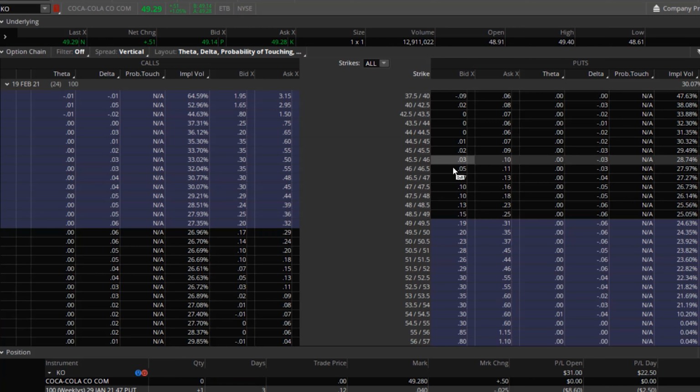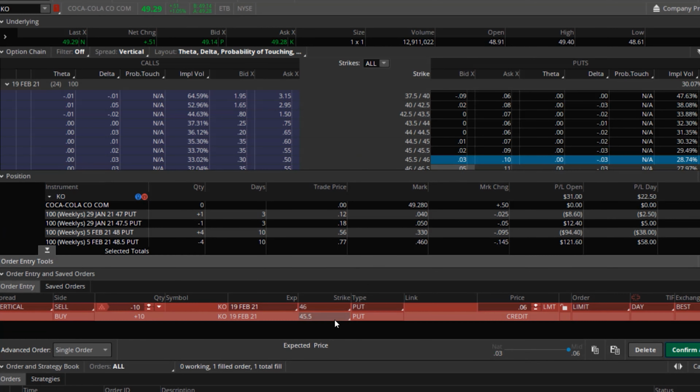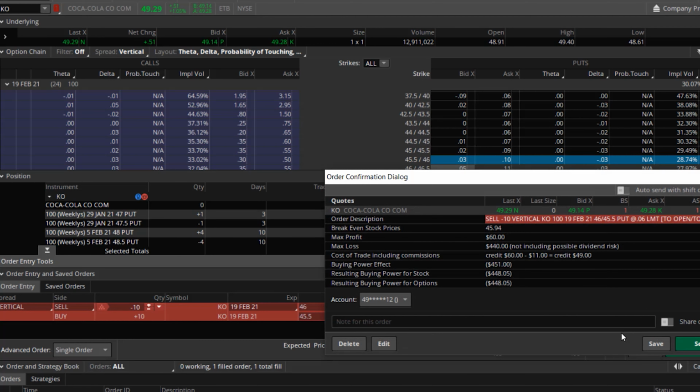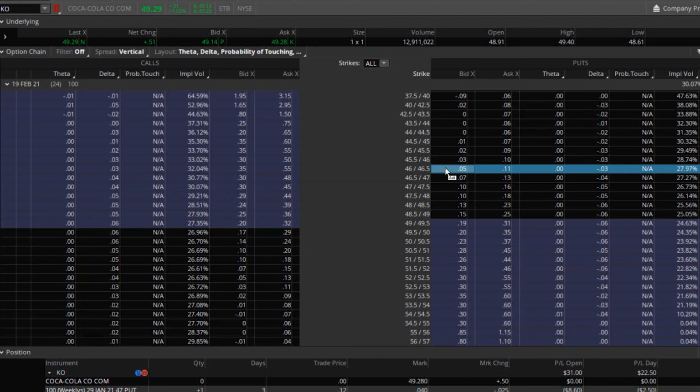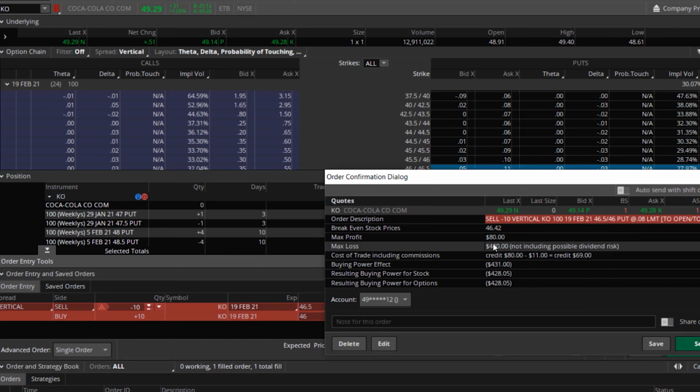That put that you actually bought is going to offset the put that you sold, so that the max you can lose is only $420, right? So hopefully that explains it a little bit better.